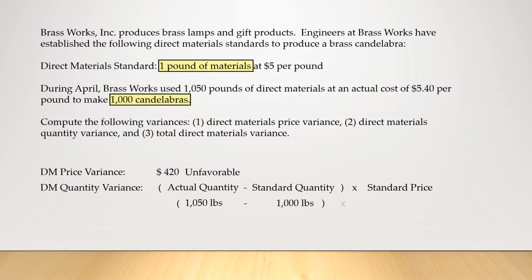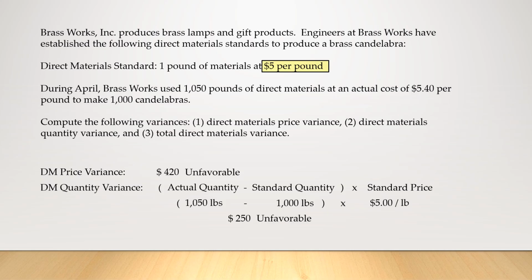Multiply this 50-pound difference by the standard price, $5 per pound. This yields a $250 unfavorable variance. Again, unfavorable because the actual quantity used is greater than the standard quantity we should have used.